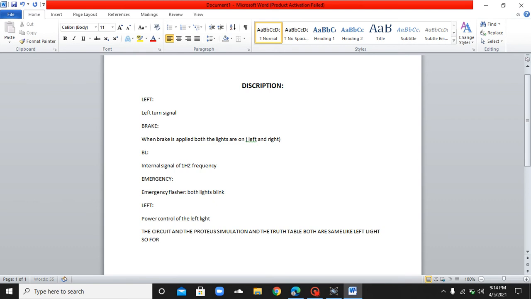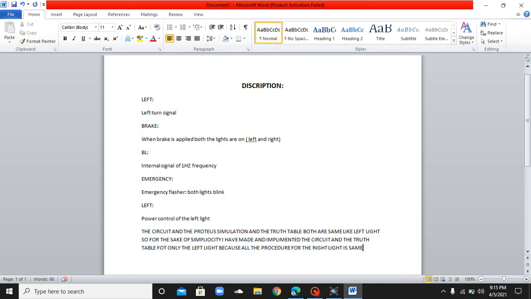So for the sake of simplicity, I have made and implemented the circuit and the truth table for only the left light, because all the procedure for the right light is the same. You can check the description of the circuit over here.